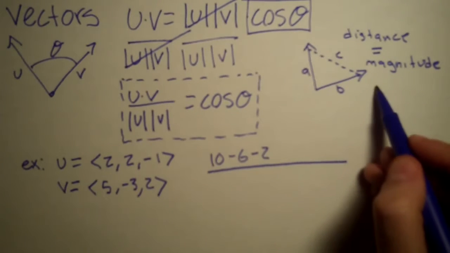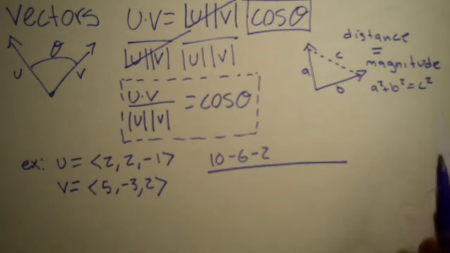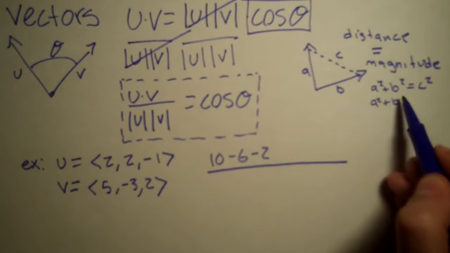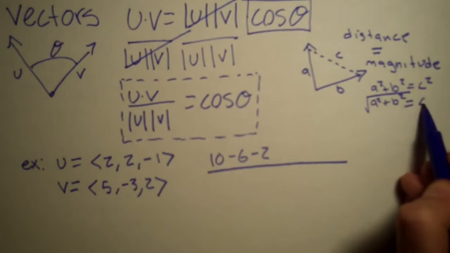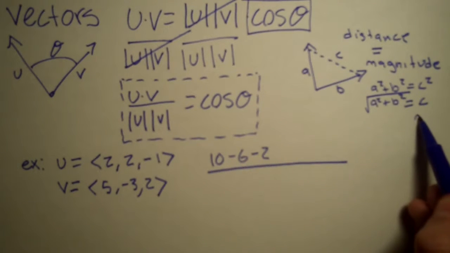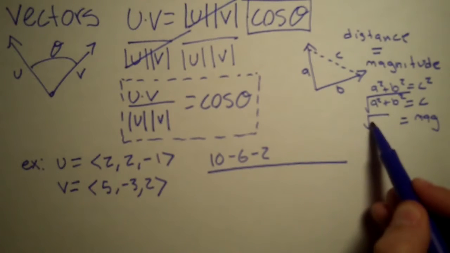Remember, a squared plus b squared equals c squared. So the square root of a squared plus b squared equals c. That's the same thing. Magnitude equals the square root of the vector.